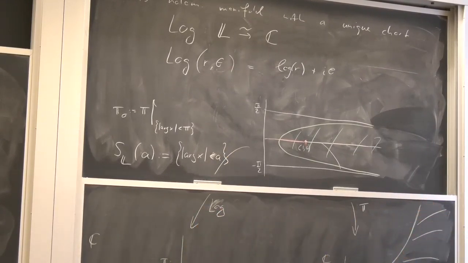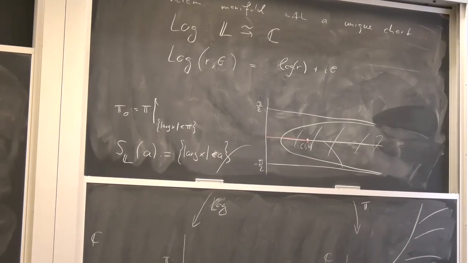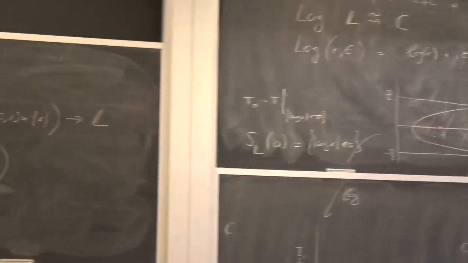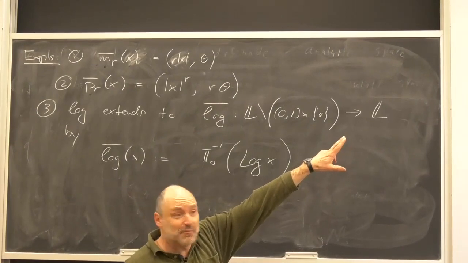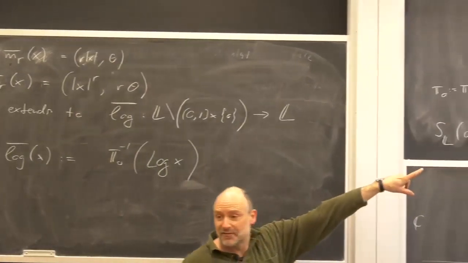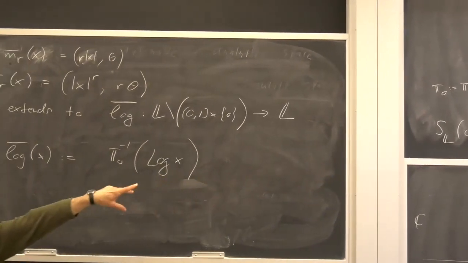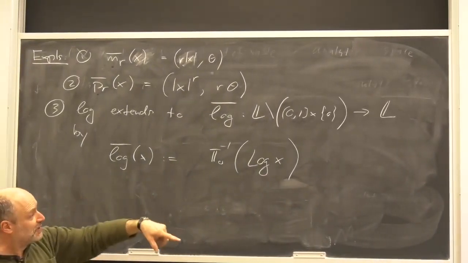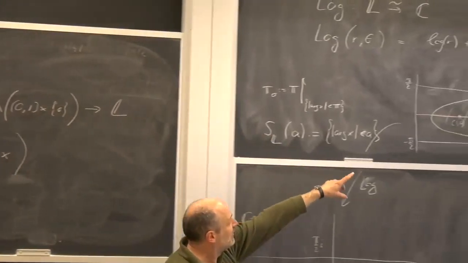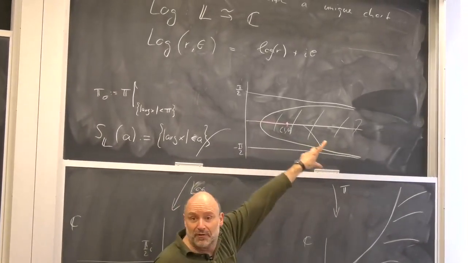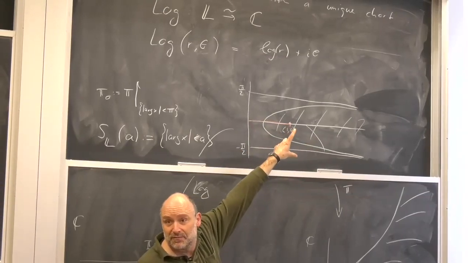Those are the kinds of strips, or sectors; in this chart they look like sectors. So the logarithm extends to almost the entire Riemann surface of the logarithm, except that red half line there, the segment. It takes values in the Riemann surface of the logarithm, but these values are all in the preimage of pi 0, so they're all contained in the strip of opening pi.